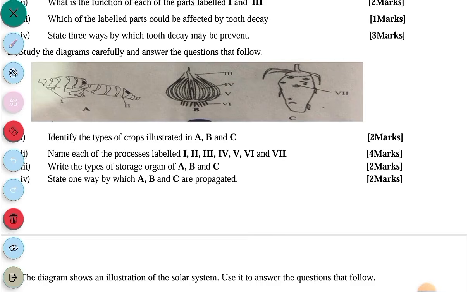So each piece should have at least one bud. So the bud is what is planted into the ground. And then for the onion, use the bulb, small bulbs, or the seeds. Then for the yam, propagated using the seed yam or the eye of the yam.